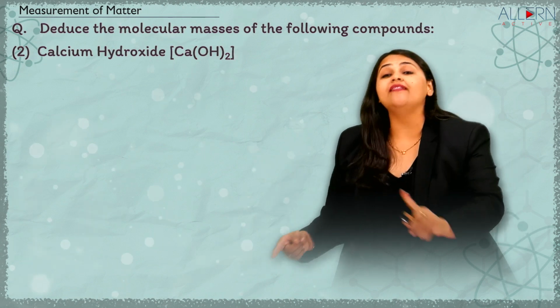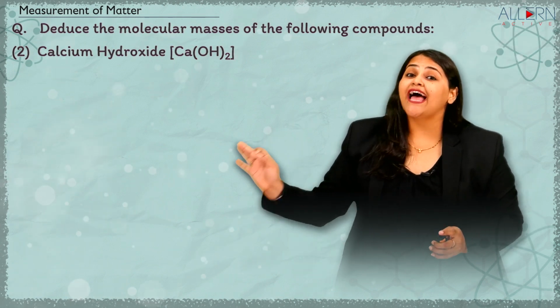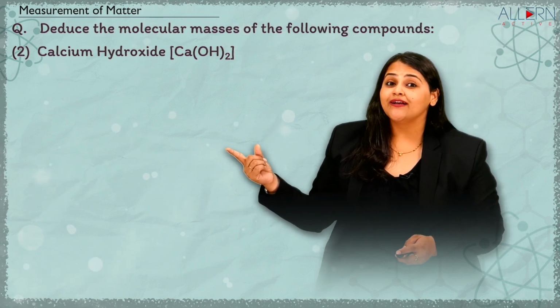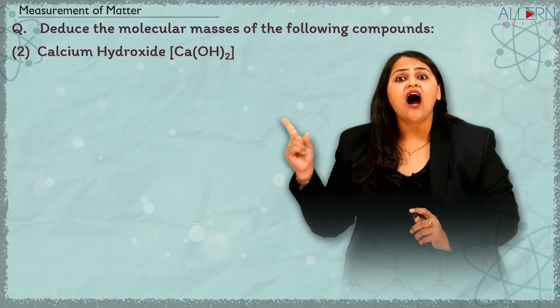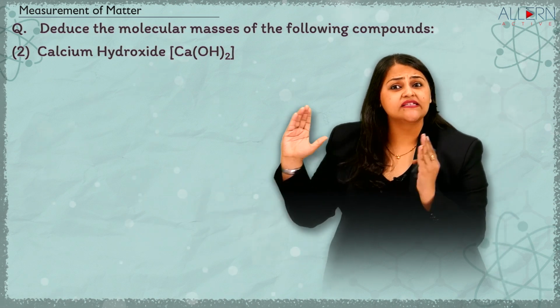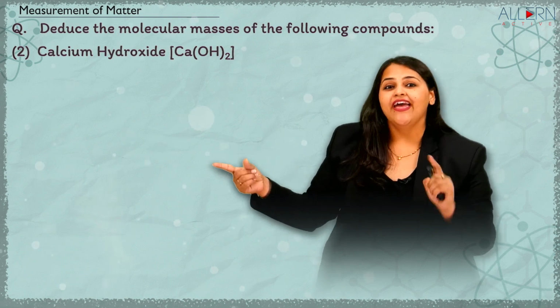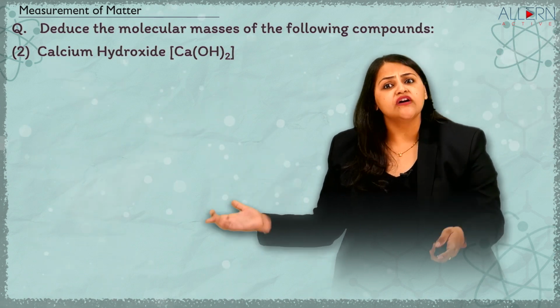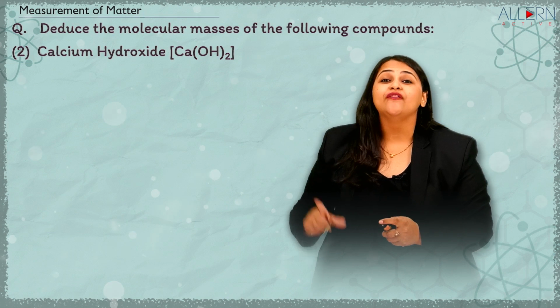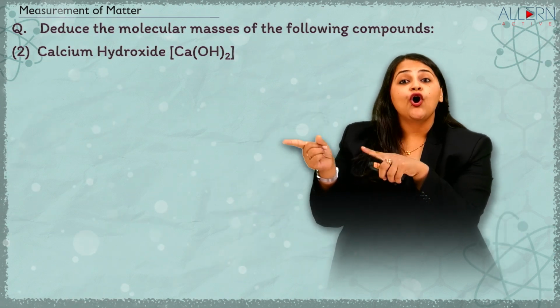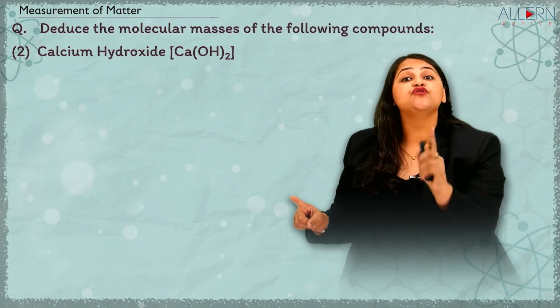Let's move on with another question. That is calcium hydroxide. Calcium has a symbol of Ca. And hydroxide, let's break it down as hydr. Hydr means H, hydrogen. And oxide means a component of oxygen. So you have the molecular formula to be Ca(OH) twice.